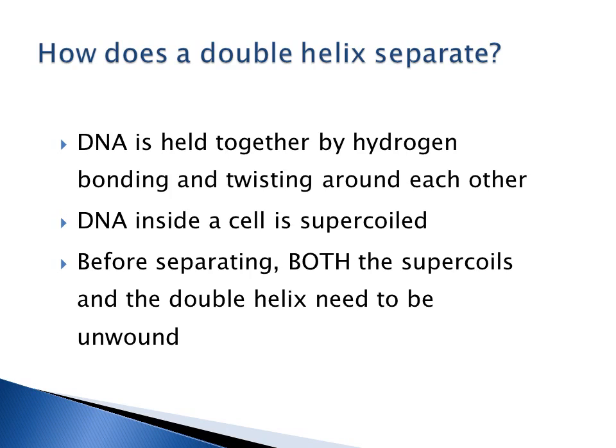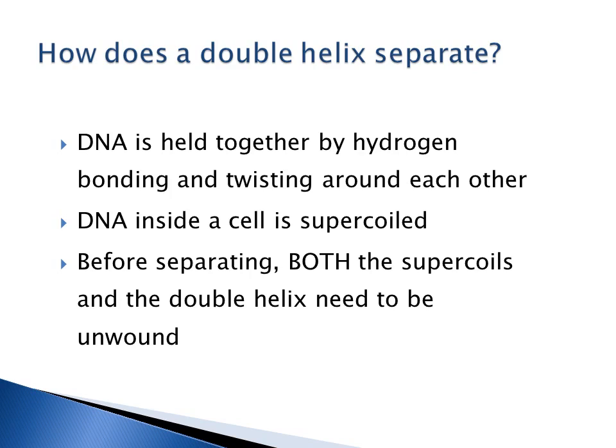So we already said that the double-stranded DNA has to separate in order for it to be replicated. We already know that the DNA is held together through hydrogen bonding, and also the helix is twisted around and wrapped up. The DNA, we already said, is negatively supercoiled.